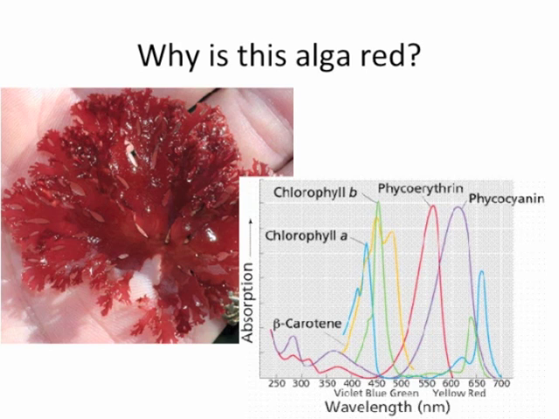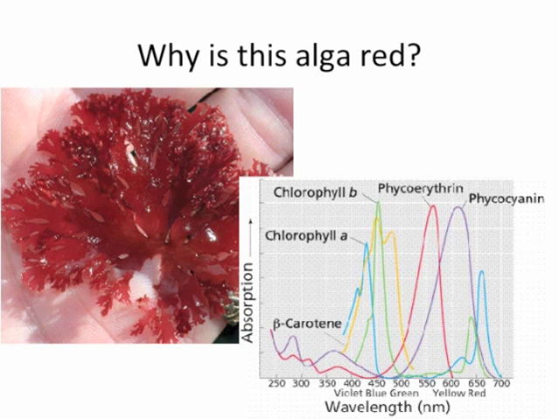All right? So the alga is red because it's absorbing green light and it's reflecting red light. And it's doing that so that it can absorb a lot of energy. So most plants are going to have multiple pigments in them, and each pigment is going to absorb light at a very specific wavelength.